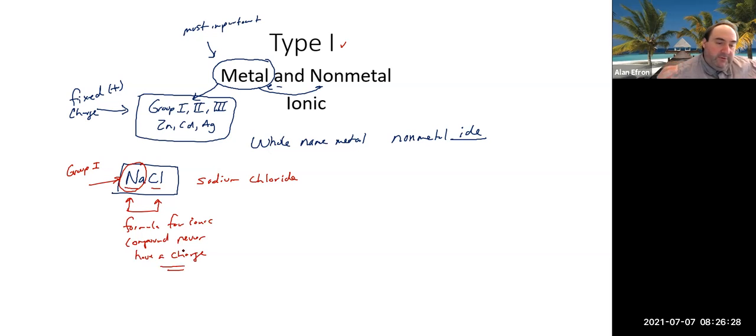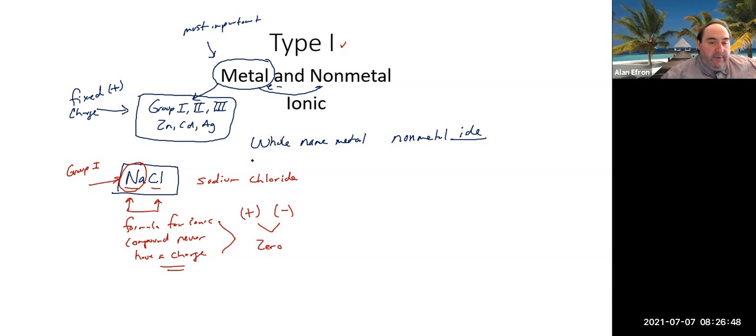When we put together something that is positive and something that is negative, we always want to put them together, like that empirical formula we were talking about yesterday, in a way that equals zero.